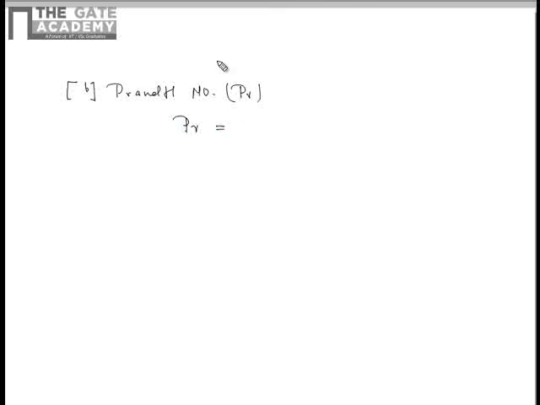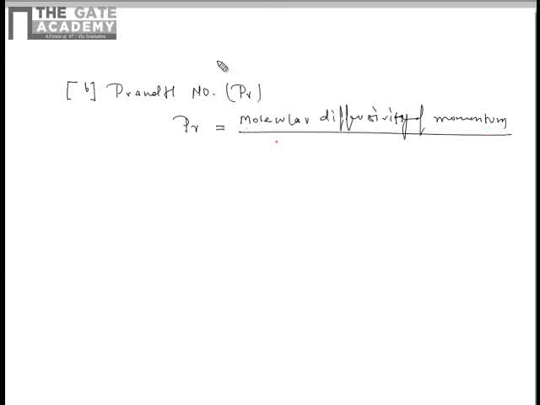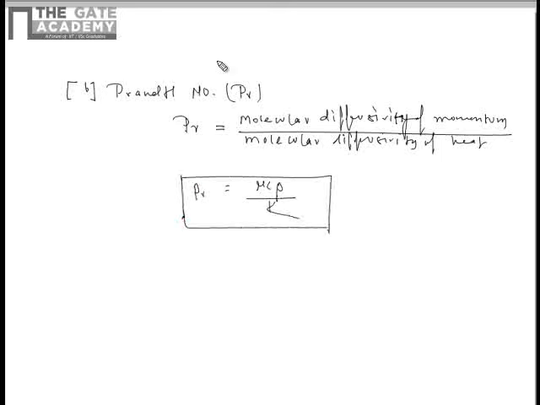Prandtl number is defined as molecular diffusivity of momentum over molecular diffusivity of heat, which gives us mu Cp upon K. For gases, Prandtl number is approximately equal to 1.